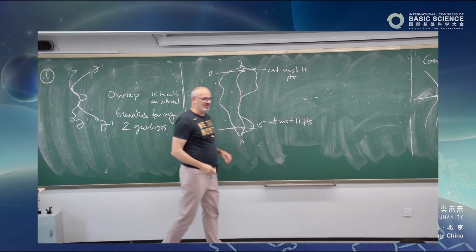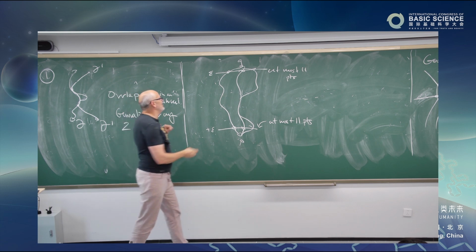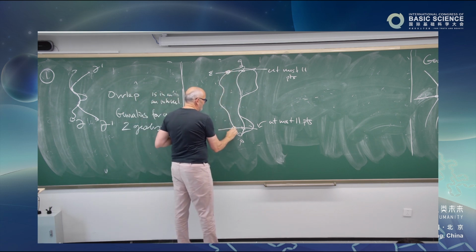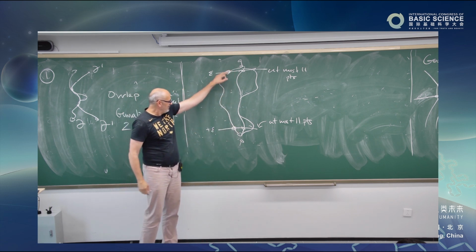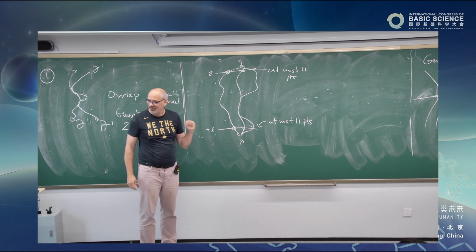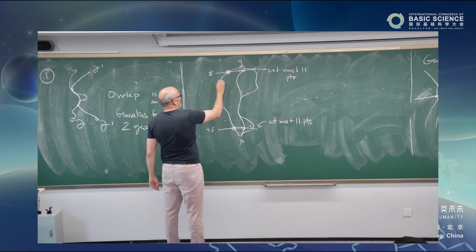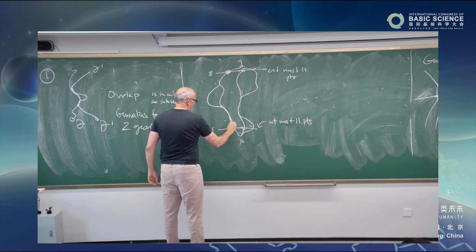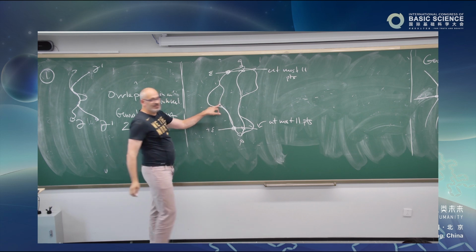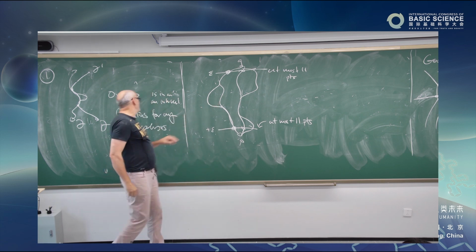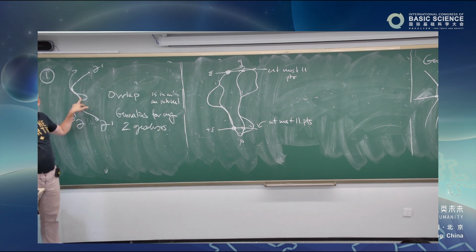Again, same story, right? But if I know where a geodesic goes here and I know where it goes here, between a point here and a point here, there could be only a unique geodesic. Why is that? Because if we had two geodesics, then I would have this geodesic bubble, which is exactly the thing that we argued against here.